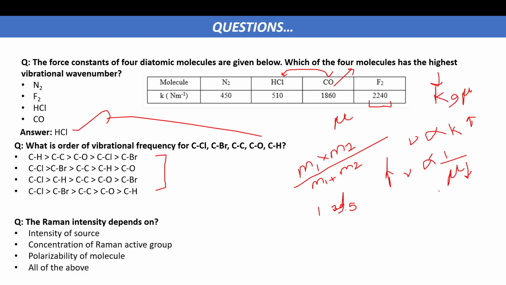In that molecule only, the frequency will be higher. So see, carbon is common, with hydrogen, oxygen, Cl and Br. Out of these, which will have the lowest reduced mass? Simple, hydrogen. That means hydrogen mass is lower, which means vibration frequency is higher. So only the first option will be the correct one: CH, CC, CO, CCl, CBr.